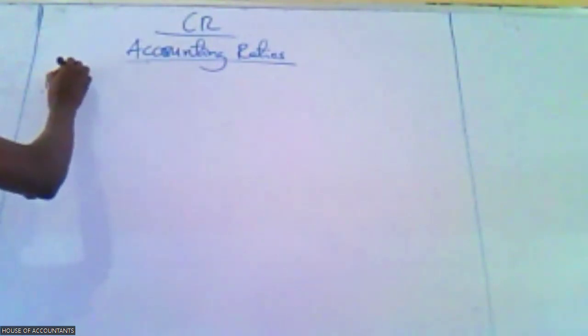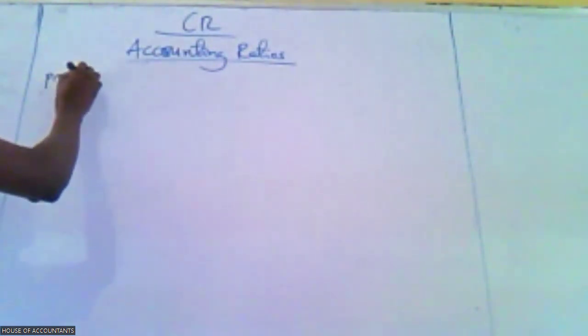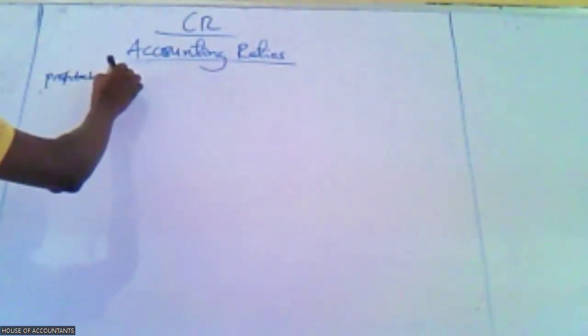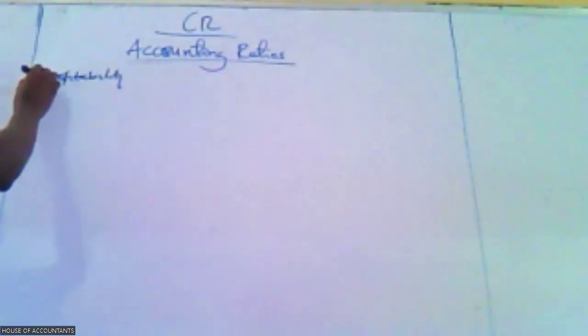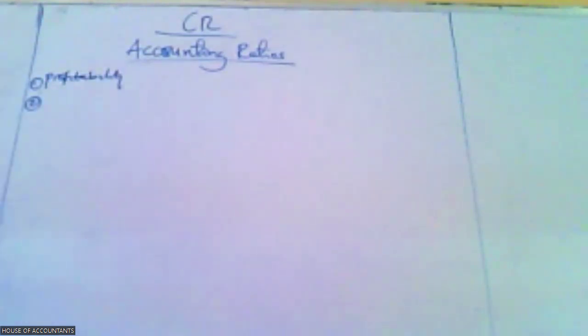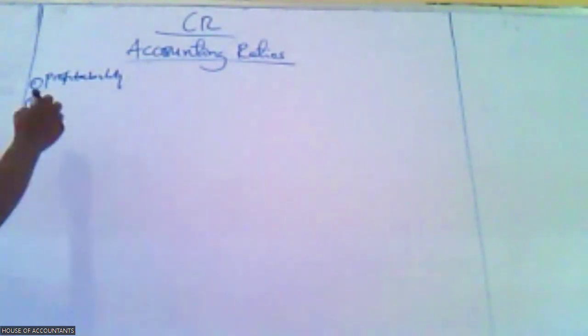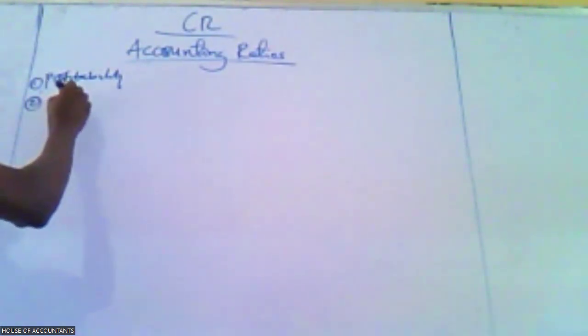We have what we call profitability ratio. That's one part. We have what we call efficiency ratio.